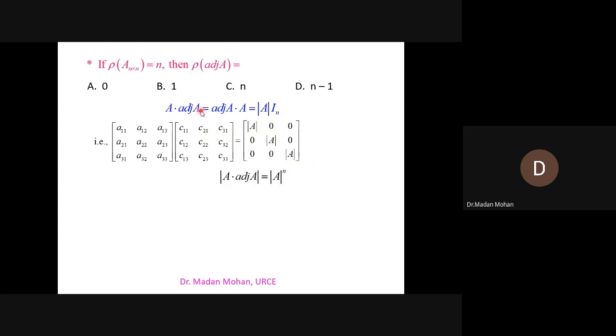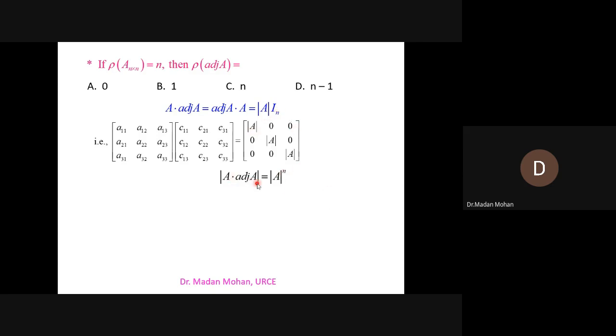Determinant of this one: from first row take det A common, second row take det A common, third row take det A common, det A whole cube into unit matrix. Unit matrix determinant is 1. So det A whole cube. If it is nth order, det A whole power n. Okay, follow this step. Determinant of A into adjoint A is det A power n you will get.